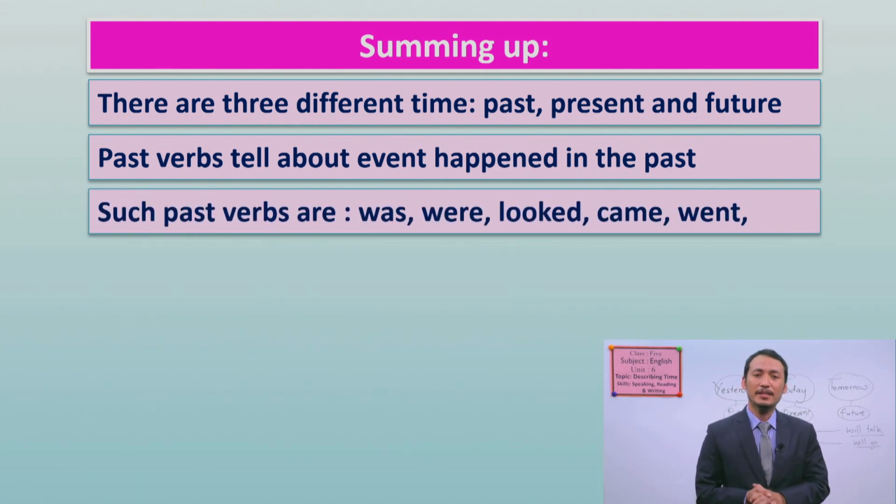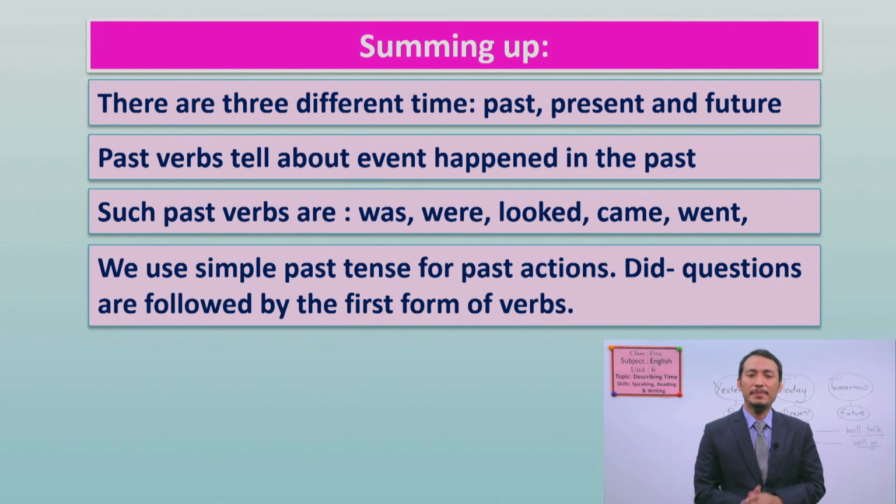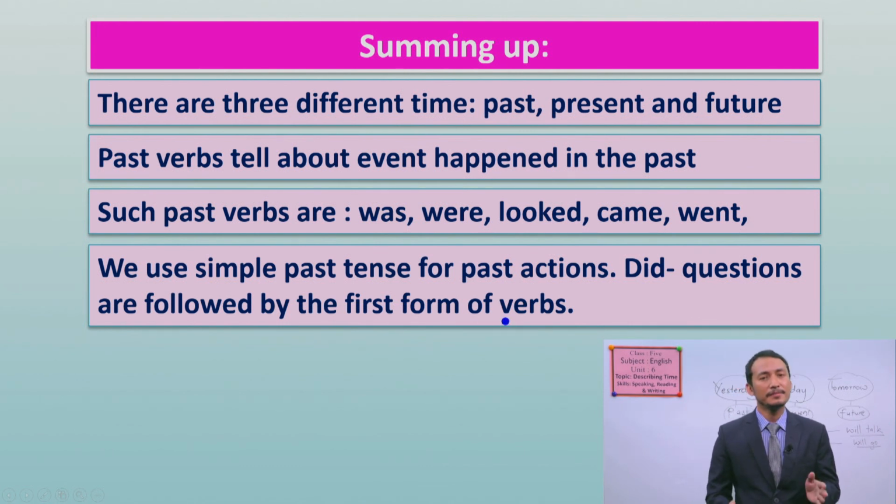For example, the verbs that we can use for describing previous events are was, were, looked, came, went, and so on. You can have a lot of such words. And we use simple past tense for past actions. And did questions are followed by the first form of the verb.